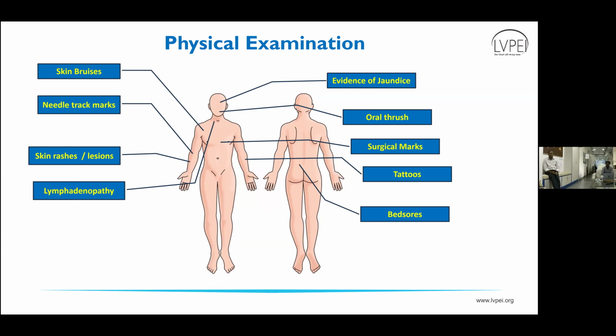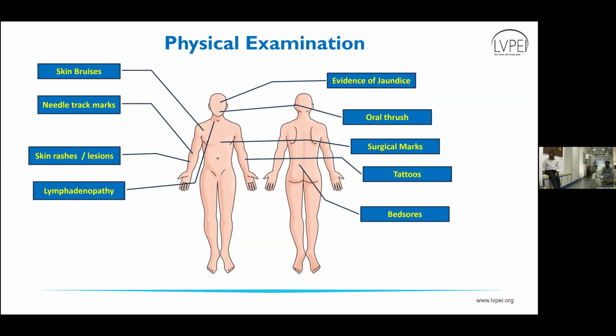Likewise, for evidence of jaundice, we need to check the eyes, the color, and the body color, and whether there is any oral thrush, any infection in the mouth. From that also we can identify some diseases. Surgical marks especially will tell us the history of the patient, whether he has undergone any surgeries.